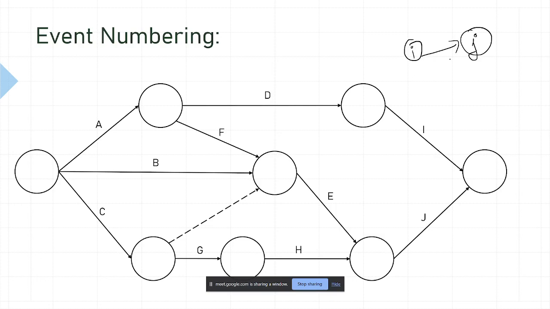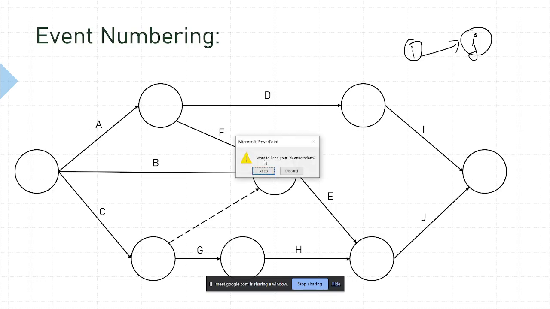What are these I and J? These are the numbering of the nodes, and J should be greater than I always. What is this node? A node is an event. The start of the activity is I and the end of the activity is J.